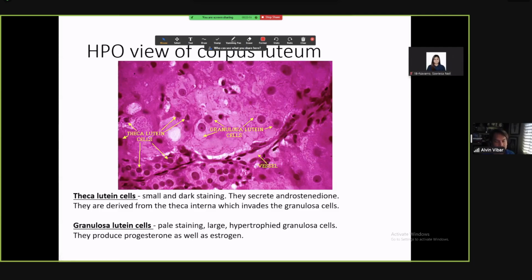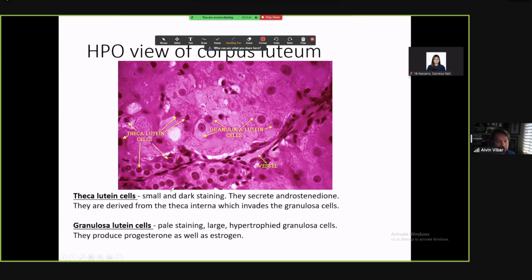Okay, I'm sure this was mentioned in the lecture. What are the two types of cells? We call them the theca lutein cells and the granulosa lutein cells. Granulosa, coming from the membrana granulosa, is described as pale staining and large, as compared with theca lutein cells coming from the theca interna.